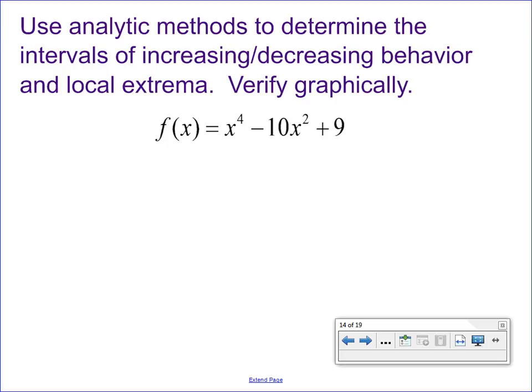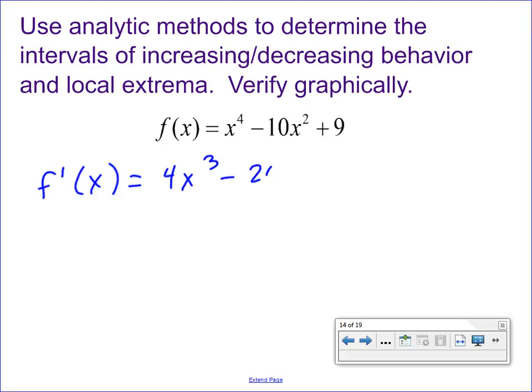So what are we going to do? Let's go ahead and get f prime involved. So here we go. First derivative, f prime is given by, and what do you have for that, Brendan? 4x cubed, sorry. Good.